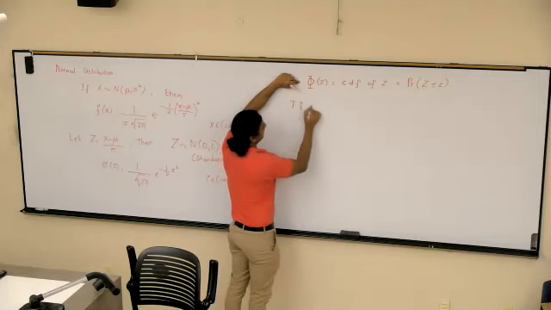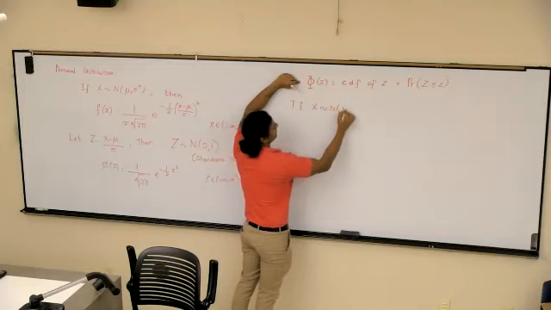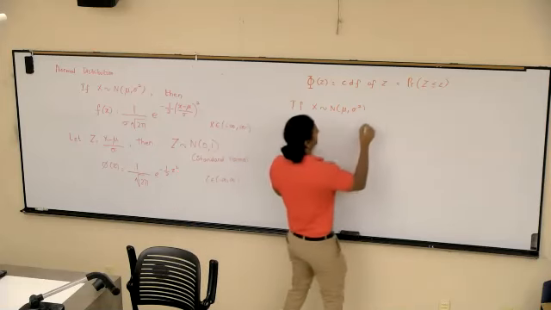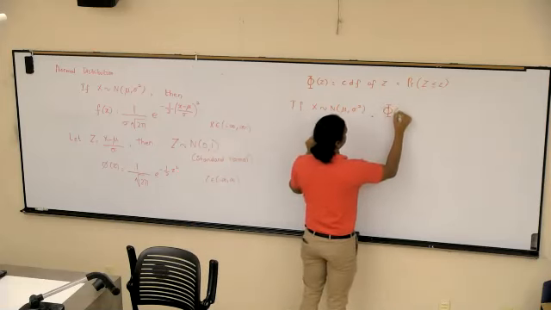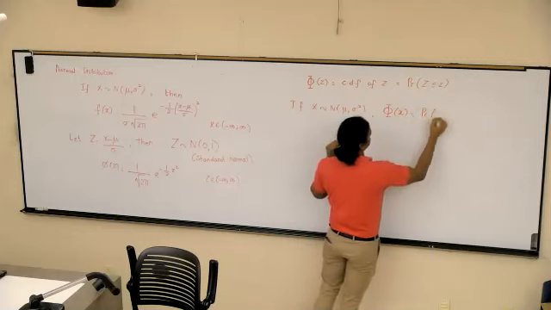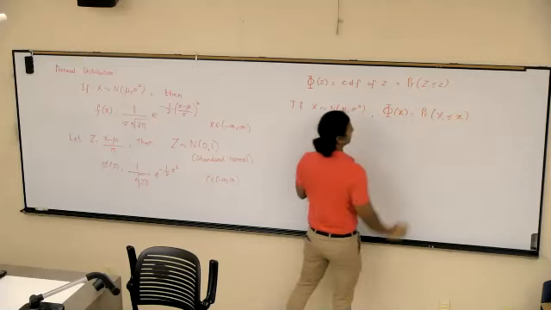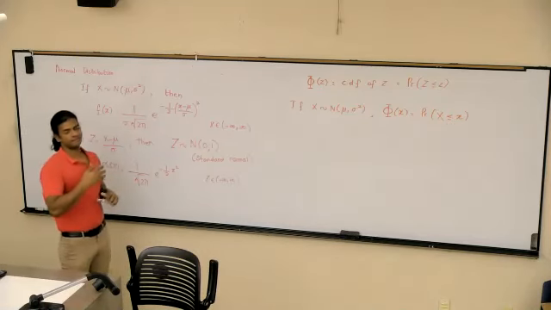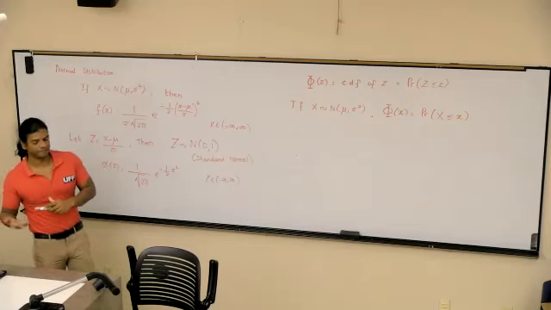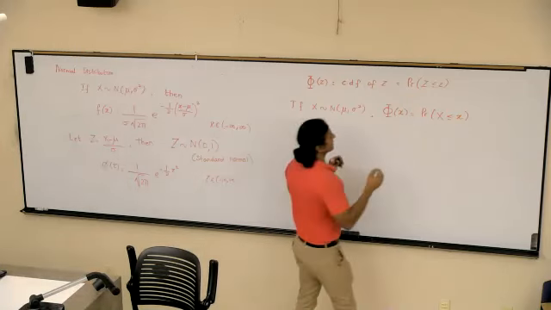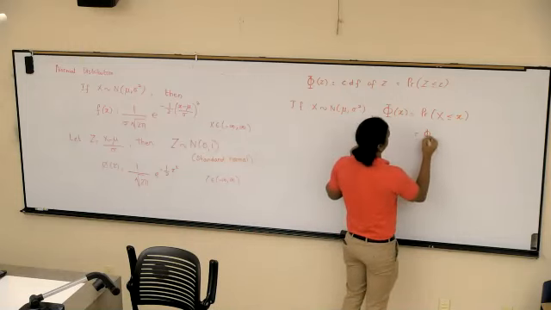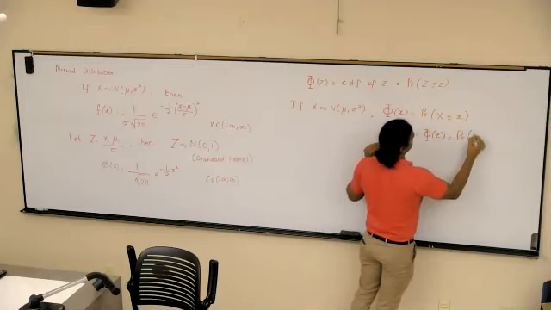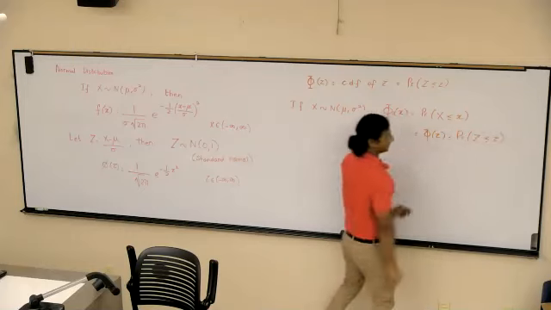So why do we have this? If X is normal with mean mu and variance sigma squared, then the CDF of X is the probability of X less than or equal to x. If we want to find the probability of X less than or equal to x, it is the same as the probability of Z less than or equal to z.